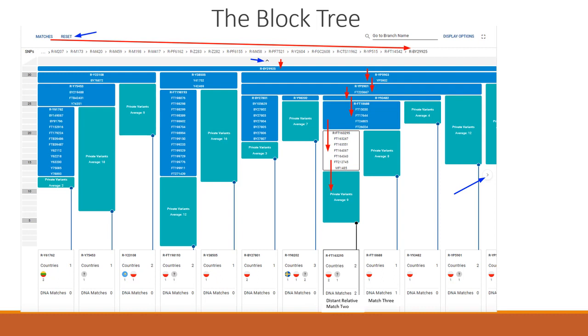And these private variants I mentioned before, they're mutations that so far only one person has tested positive for and no one else has, because anytime two or more people test positive for the same private variant, then we know it's not a one-off mutation, and we can name it as a SNP and add it to the haplotree.